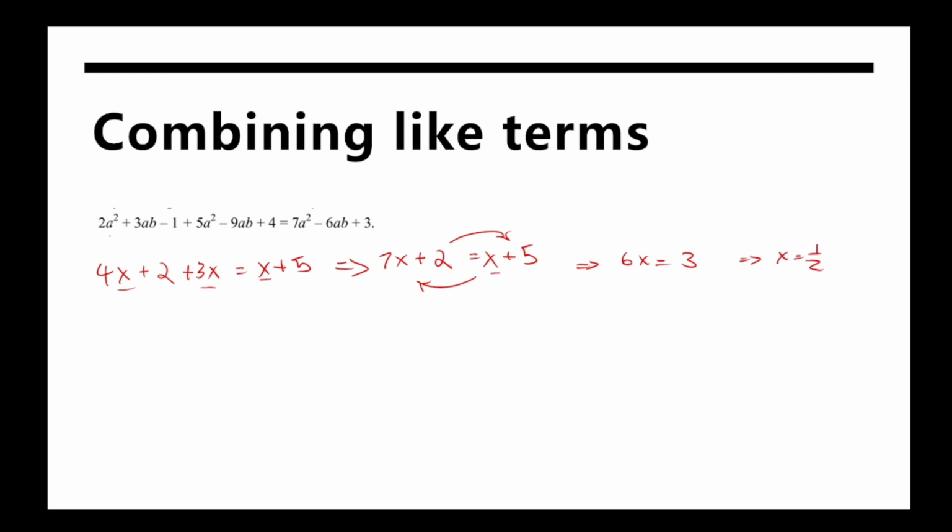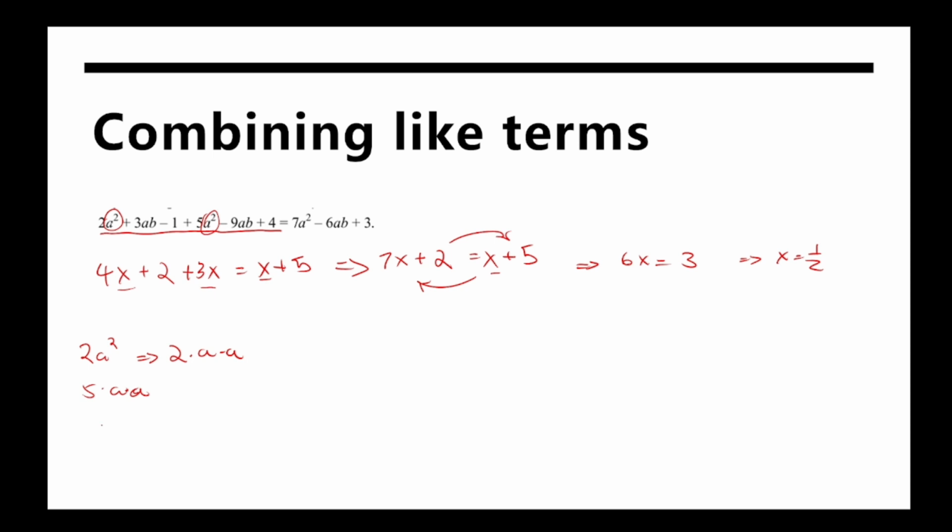Or something complicated, like this one. To group this, we'll find terms with the same power. So 2a squared, you can see this as 2 times a times a. So there's 2 a's and 0 b's. And 5a squared is 5 times a times a.